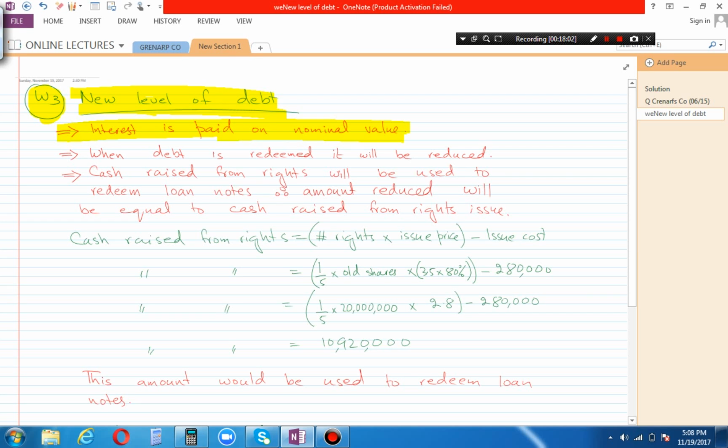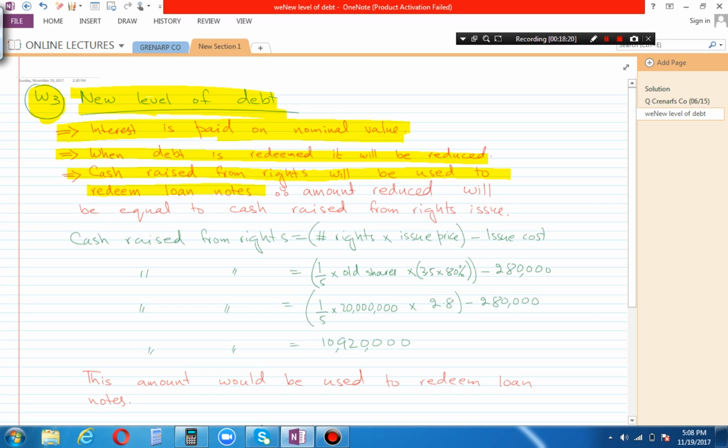All right. When debt is redeemed, the level of debt finance will be reduced. Cash raised from the rights issue will be used to redeem the loan notes.